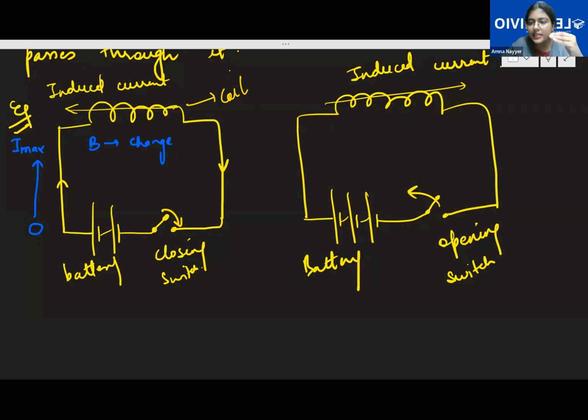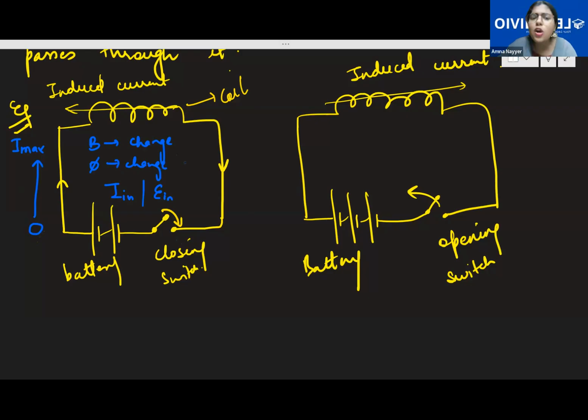It is increasing, increasing, reaching a higher value. When the circuit was open, there was no current. When you switched it on, slowly the current increased to its maximum value. Since this current changes, the magnetic field changes, the flux changes, and this will eventually lead to induced current and induced EMF, which we have studied in Faraday's law.